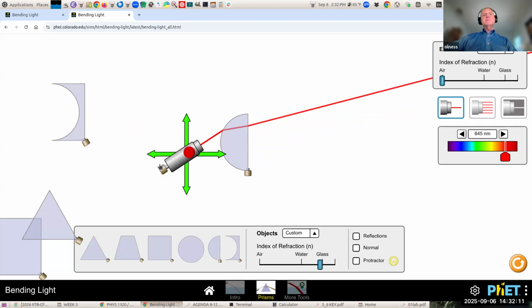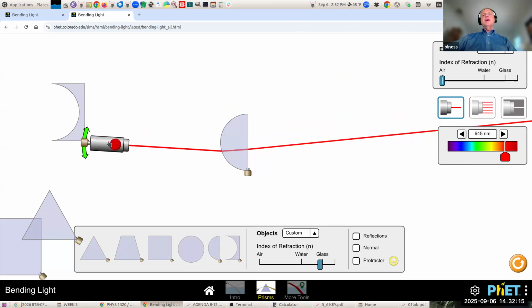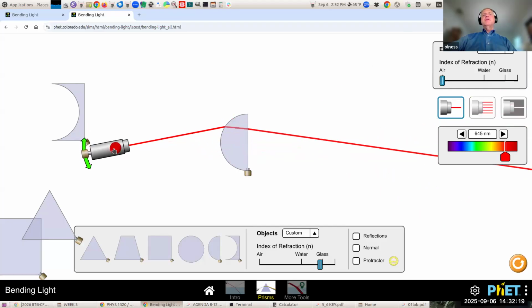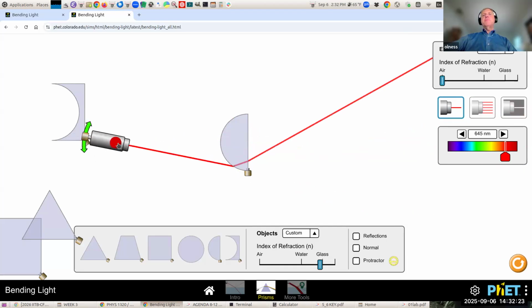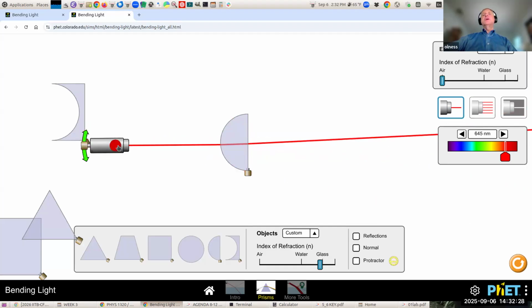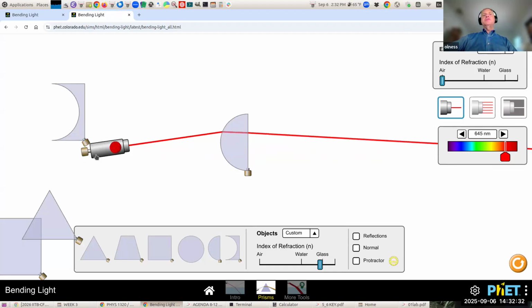Yeah, that's better. As I bend this back and forth, it tends to bend the light back toward the center. If I misalign it one way, it bends it back toward the center. If I misalign it back, it bends it back toward the center. So this is a converging type lens, and it simply has to do with the thickness of the lens and the way it bends the light.